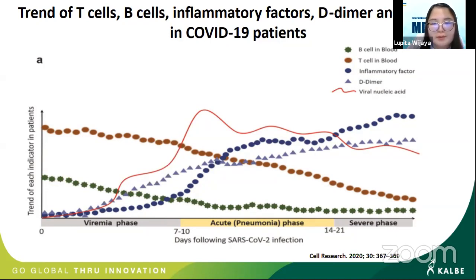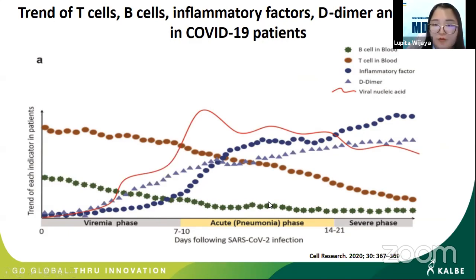After that, when the body gets worse after this infection, we must learn about the inflammation process that will happen in the following days. In this graphic, I want to show the increase of immune cells during the three phases of this infection. COVID-19 infection has three main phases. First, the viremia phase, between 0 and 7 days after exposure.